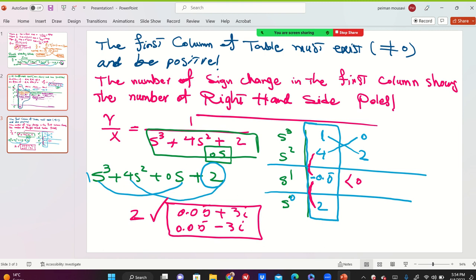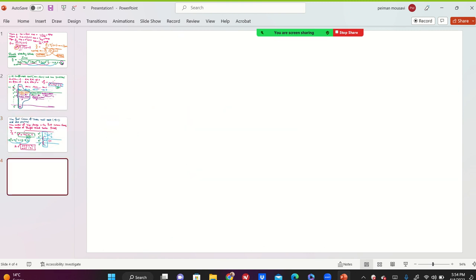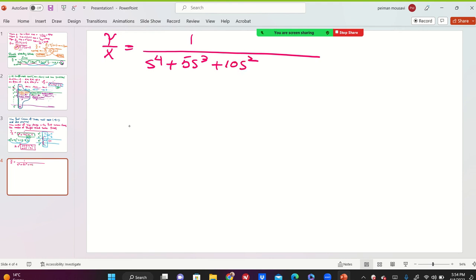Good. Now, let me go to another example before going to the parameter. So y over x, the closed loop transfer function, is 1 over s to the 4 plus 5s cubed plus 10s squared plus 4s plus 20.